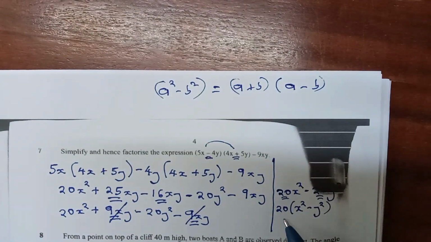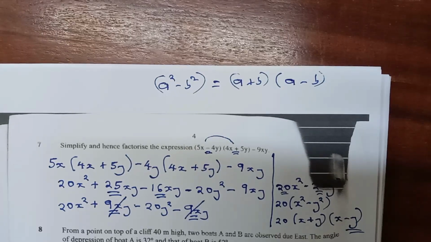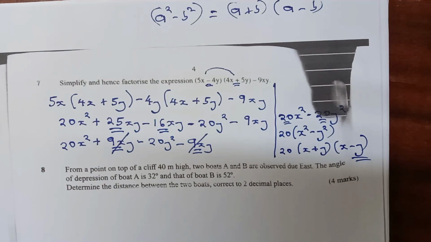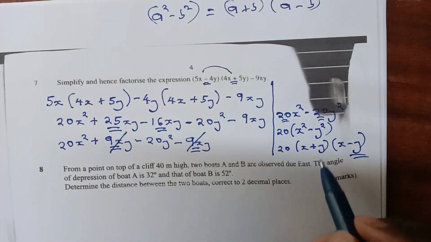So in this case, we have 20 into bracket x plus y into bracket x minus y. And that means we are done with that particular question. We have simplified and then factorized to get 20 into bracket x plus y, x minus y.